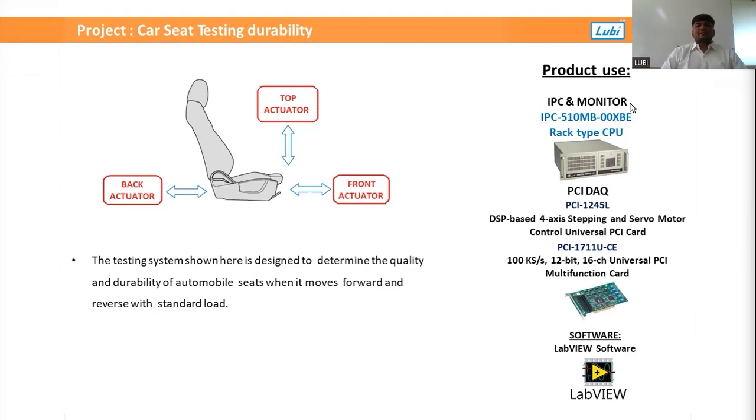In this application, we have used our rack mount PCs and our DAQ cards, that is, a 4-axis stepper motor and servo motor based card, and DIDO based cards. Two cards are utilized, and inside this we have used our LabVIEW software. By using this we control and check the durability of the seat moving forward and reverse.